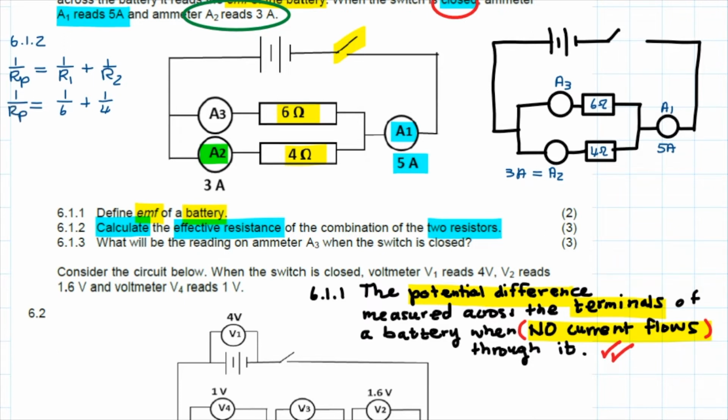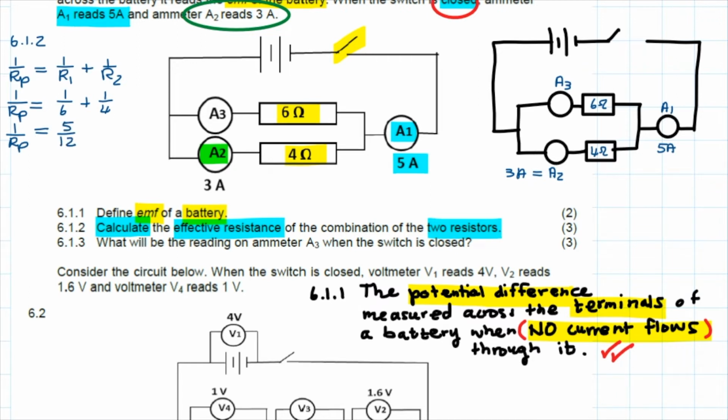So we have not obtained the total resistance yet. We only have 1 over Rp. And when we plug this into our calculators, we find that 1 over Rp is equal to, in fraction form, 5 over 12.